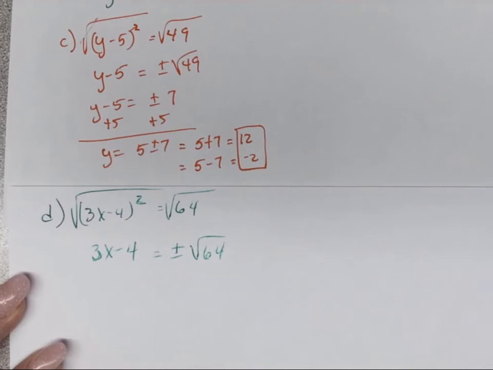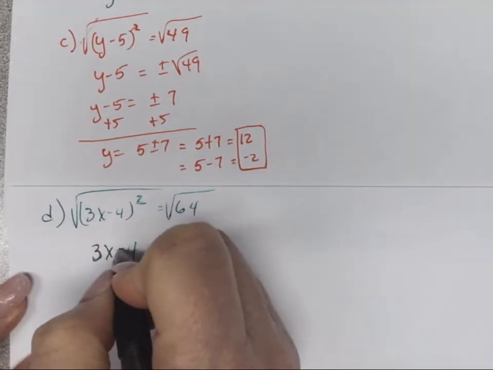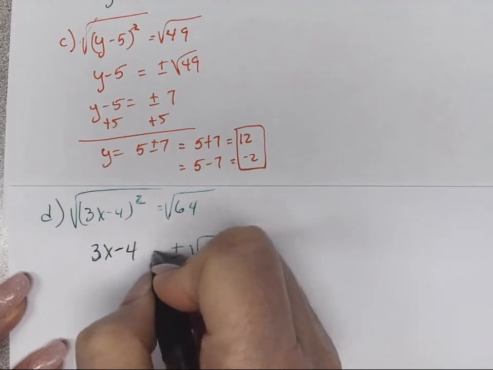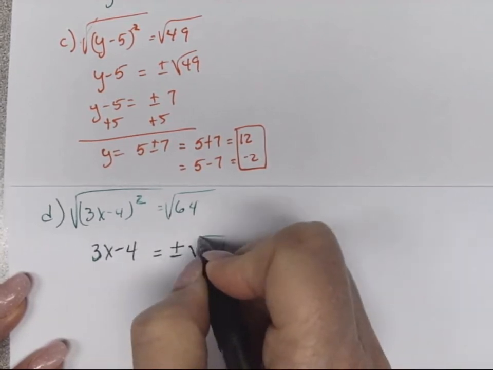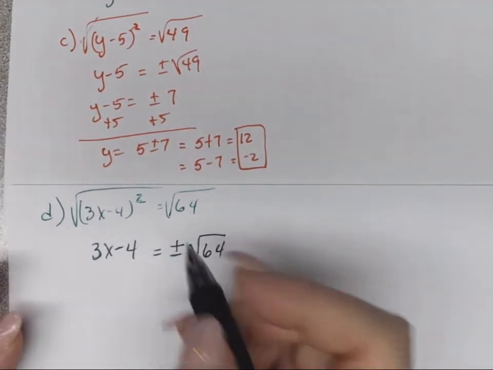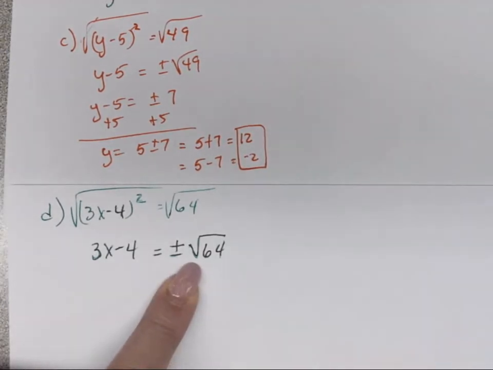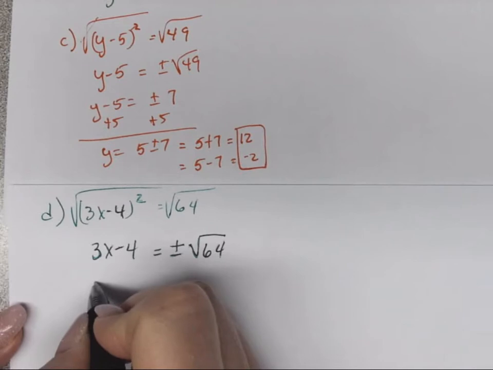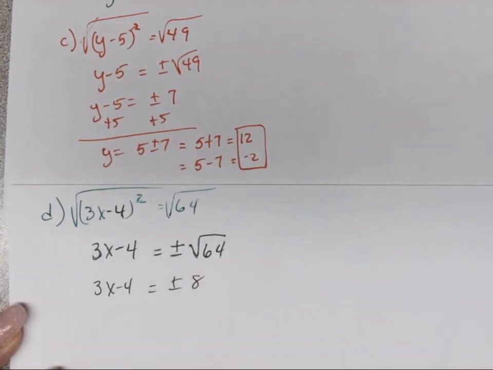I think my pen is dying, so let's come back with the black pen. So we can end up with this part. Now the square root of 64 is going to get us 8. So 3x minus 4 is equal to plus or minus 8.